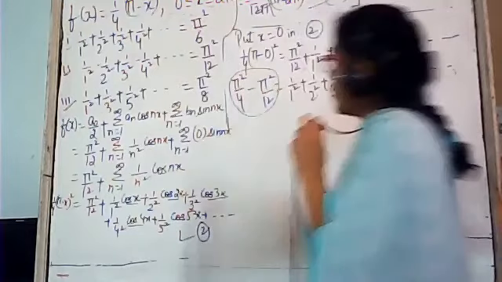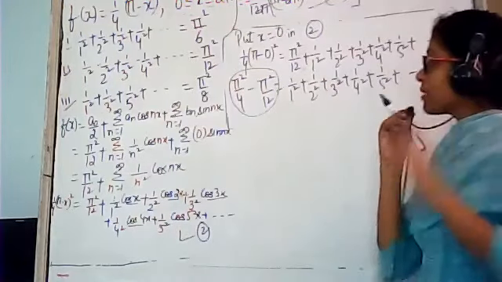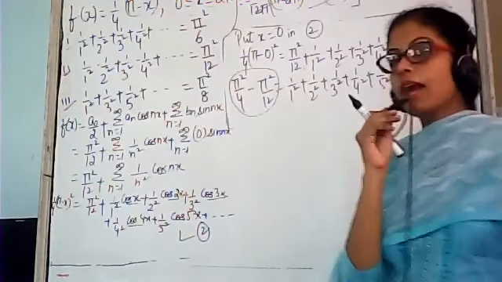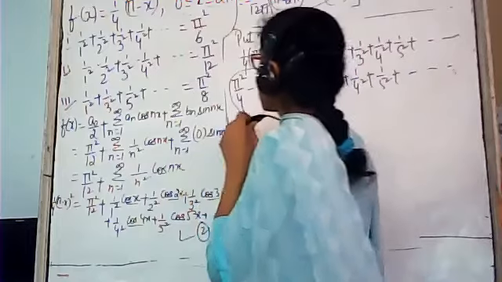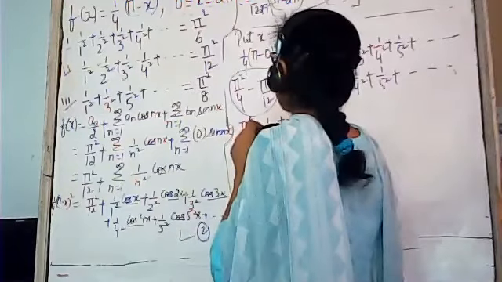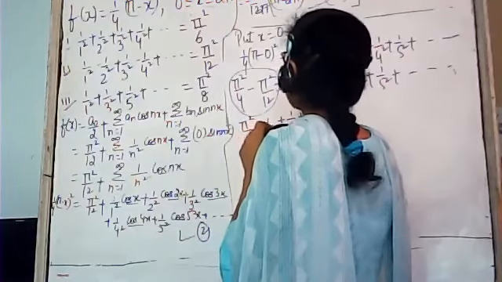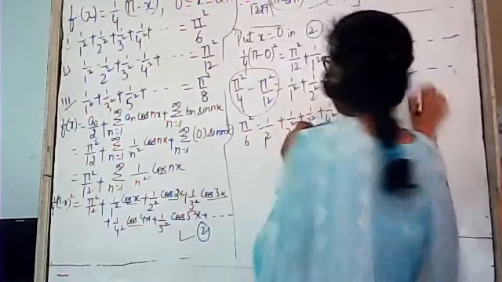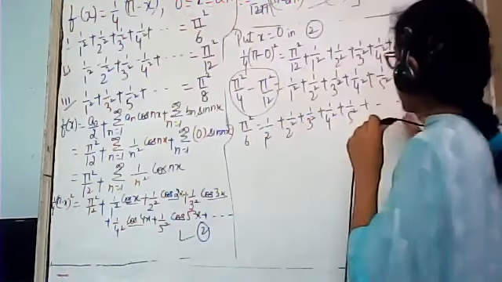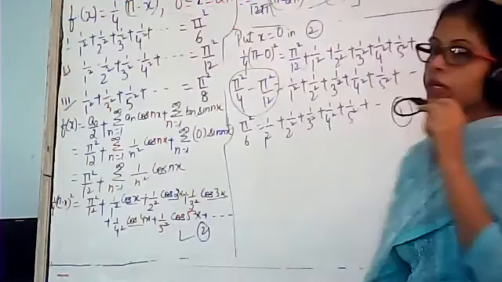Pi square by 4 minus pi square by 12, taking the LCM 12, you will get pi square by 6. Okay? Pi square by 6 is equal to 1 by 1 square plus 1 by 2 square plus 1 by 3 square plus 1 by 4 square plus 1 by 5 square and so on up to infinity. So this is our required result number 1.